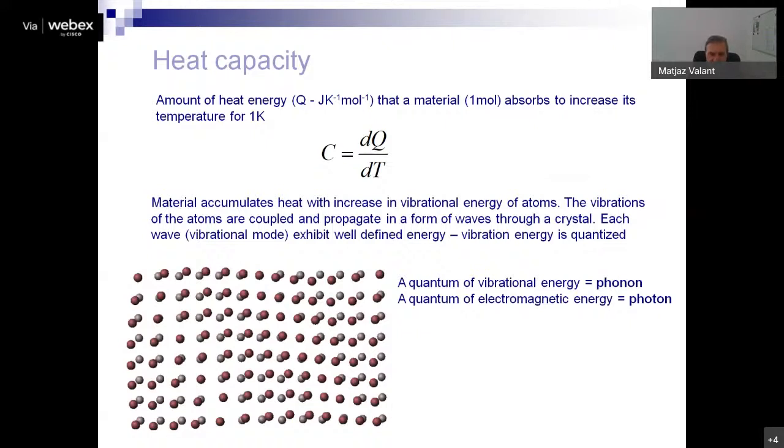With higher energy, we wake up high energy modes, for instance. They are also not of any kind of energy, but of a defined energy. Every mode has a defined energy. So we say that vibrational energy is quantized, like electromagnetic energy, as we know. When we talk about a quantum of electromagnetic energy, we talk about a photon. And when we talk about a quantum of vibrational energy, we talk about a phonon.